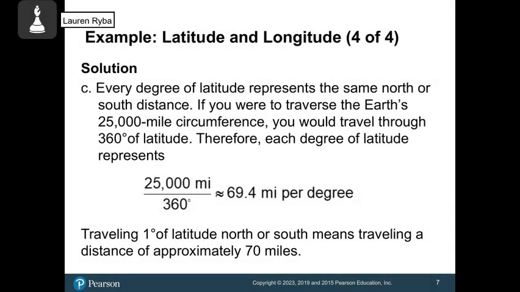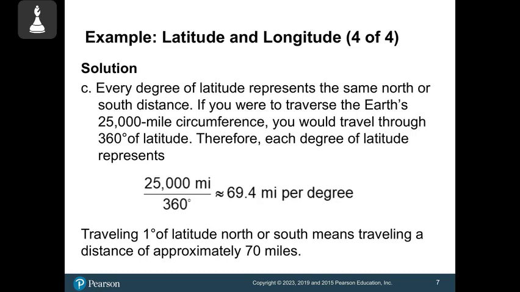The last question then leads to what we did last section with the degree measures of a circle. We know that our entire distance around the Earth is 25,000 miles, and that 25,000 miles is representative of the entire 360 degrees.